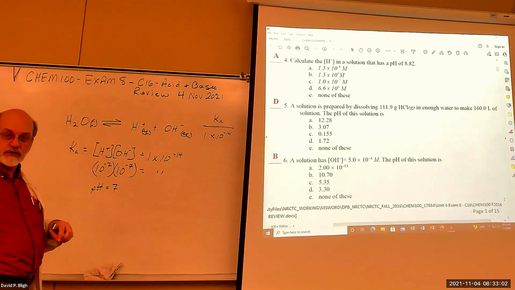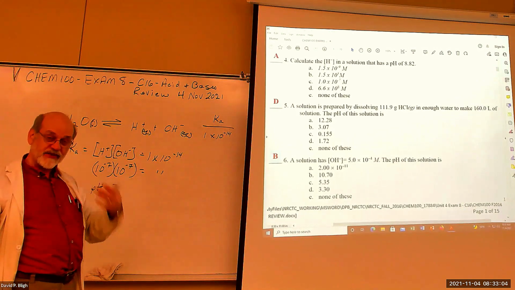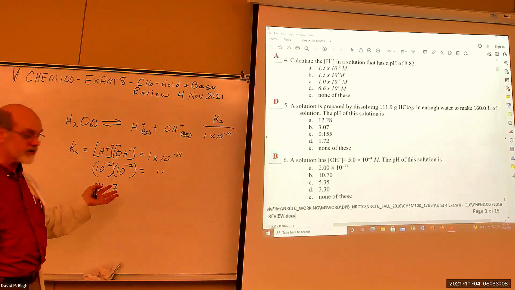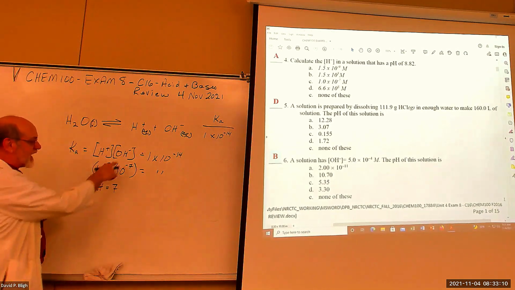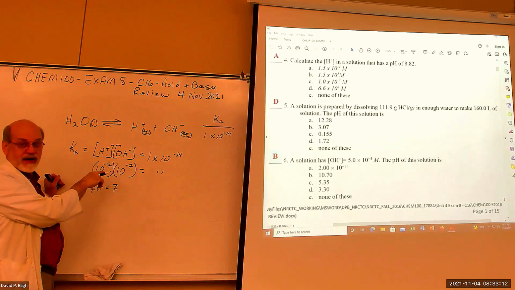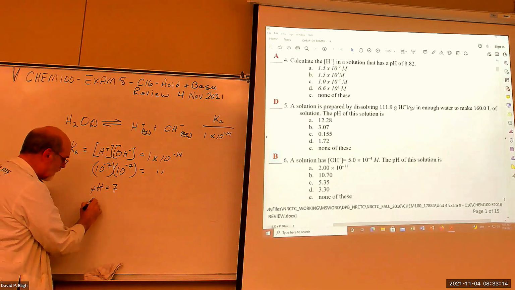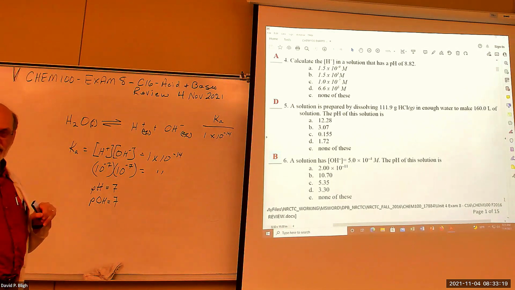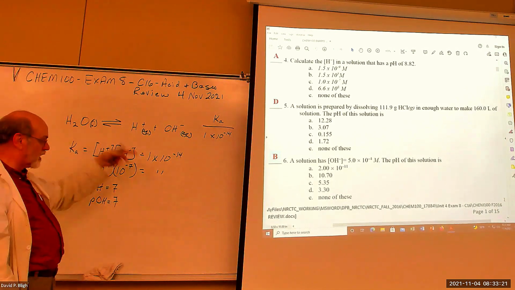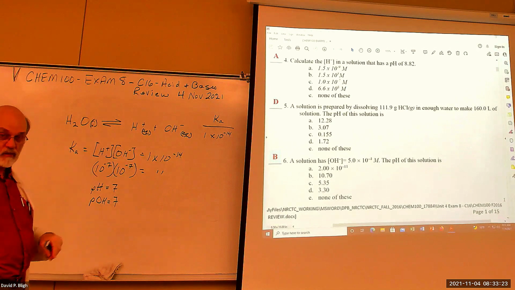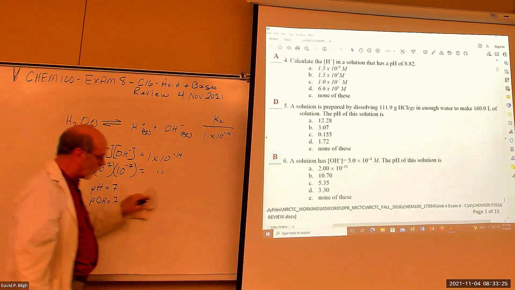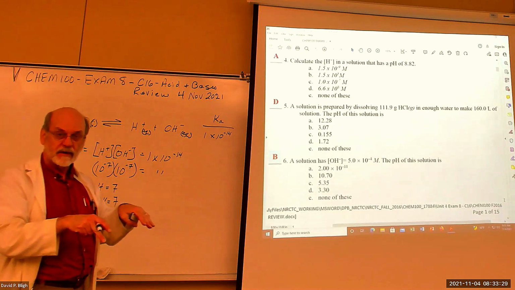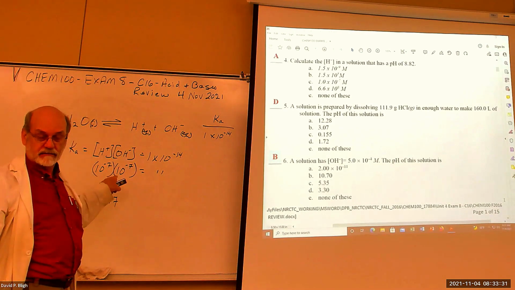But we can also do that same arithmetic, the logarithm, for OH. If we take the negative log of OH minus, we get a pOH, and that also is 7 at neutrality, pure water. And whenever you have any other type of reaction going on in water, this is still happening.